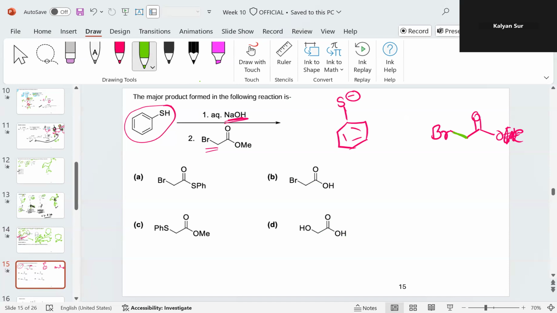This carbon-bromo bond can be eliminated in SN2 fashion, or by attack directly on this carbonyl center, and this bond can be eliminated. So PhS, CH2, C double bond O, OMe. Whether this can form, or also there is another option.